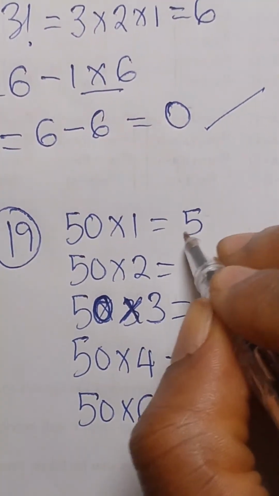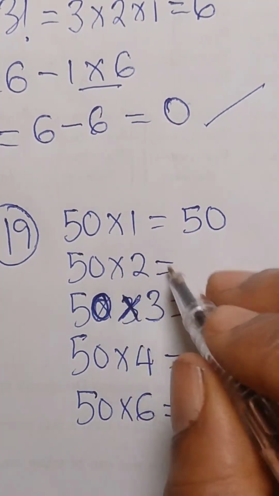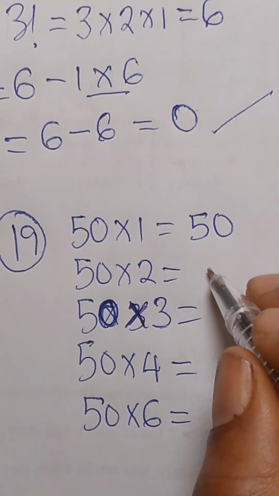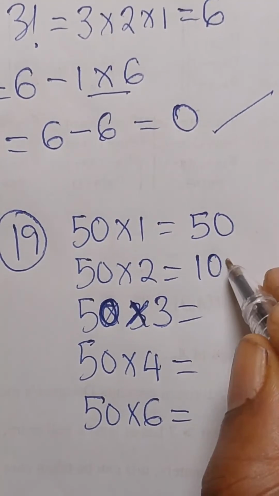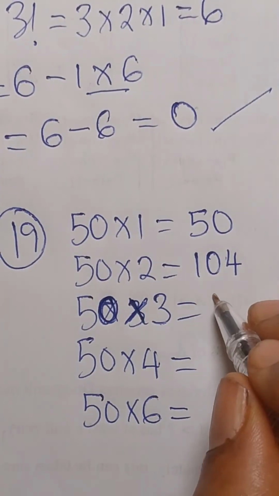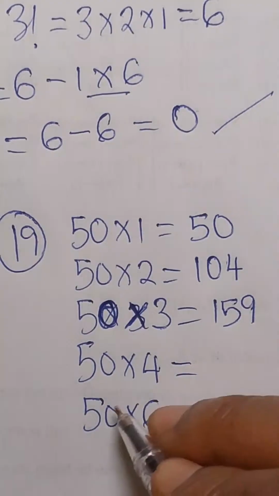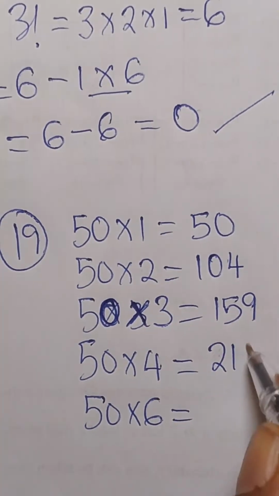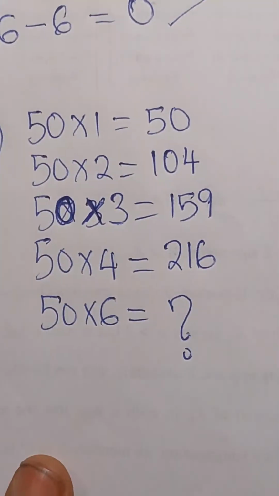Here we have 50. Here we have 104. 159. 216. So what is here? So who can crack this puzzle?